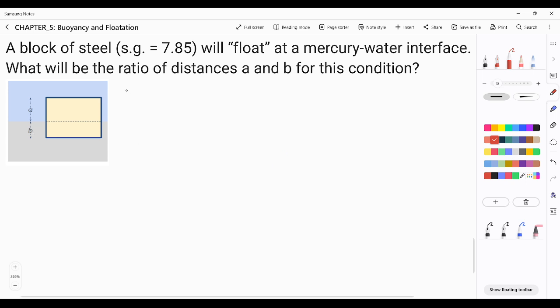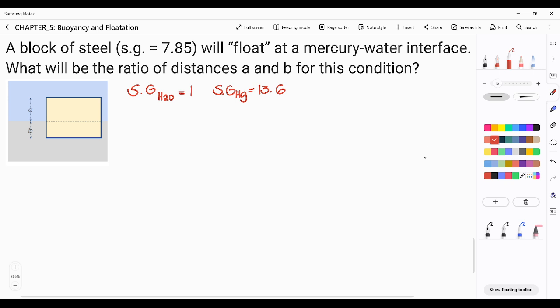And we all know that the SG, specific gravity of water, is equal to 1. SG of H2O is 1. Ang SG naman ng mercury is equal to, remember this, kasi gamit to, 13.6.